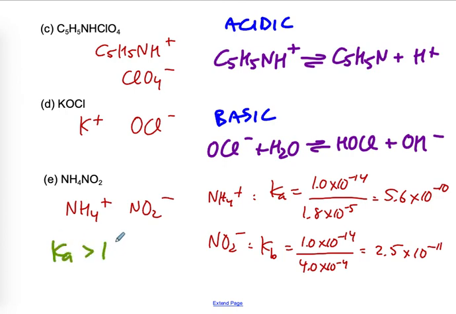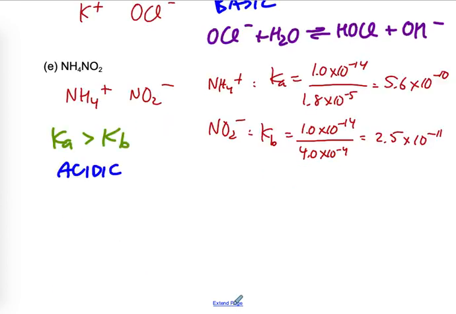Because Ka is greater than Kb, we're going to say that this is an acidic solution, and we can write the equation that shows it behaving as an acid as NH4 plus ionizing to form NH3 plus H plus.